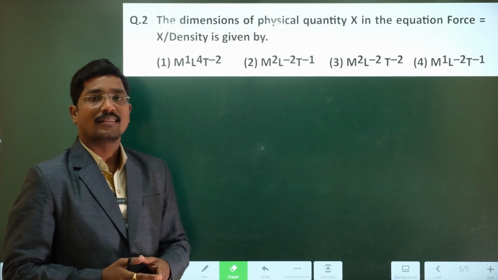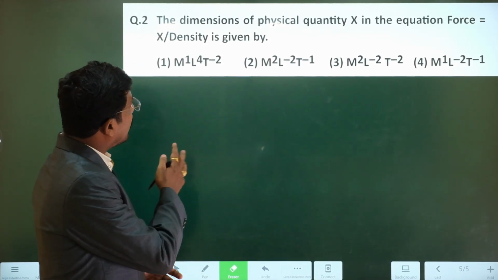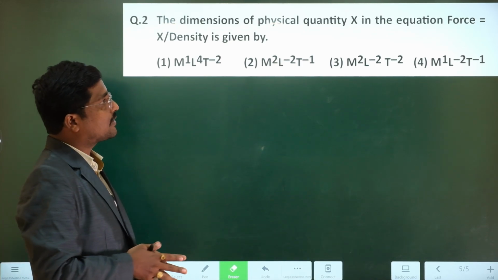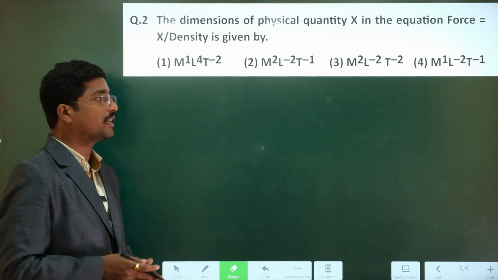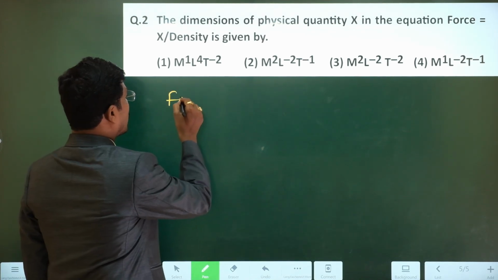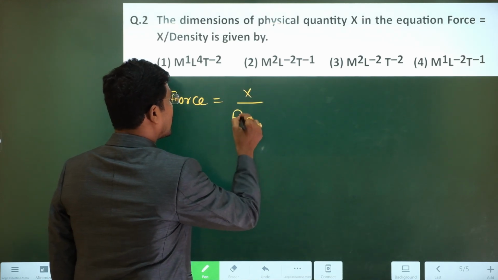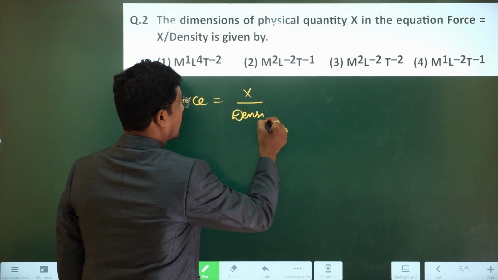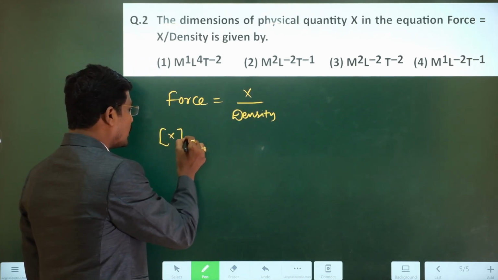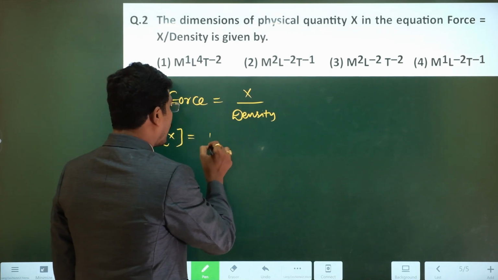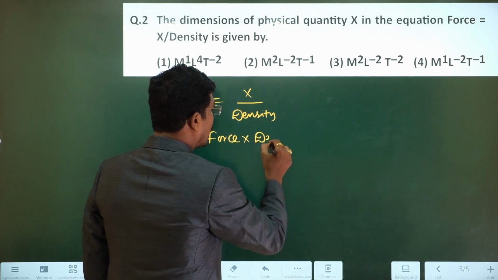Dear students, this is the MCQ from units and dimensions. The dimensions of physical quantity x in the equation force equal to x by density is given. Force is equal to x by density. So x is equal to force into density.